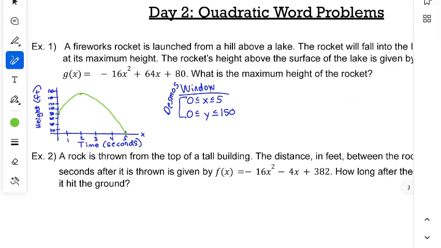Okay, so then we have to answer the question. What is the maximum height of the rocket? Where do we find that maximum height? Isn't this the max right here? What did we say that was? Yep, so 144 feet.